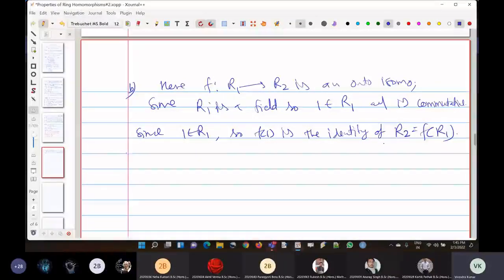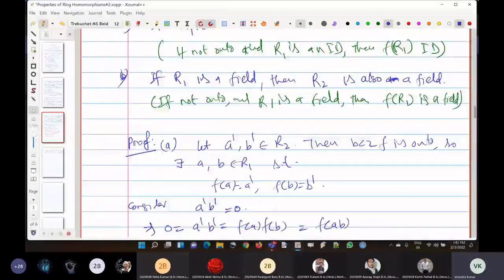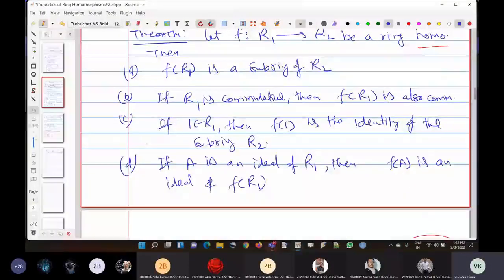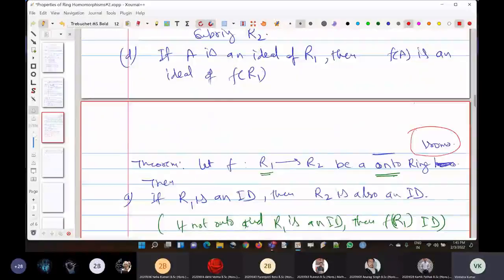So R2 has identity. This is what we got. And R2 is a ring. Also, if R1 is commutative, then f of R1 is also going to be commutative.